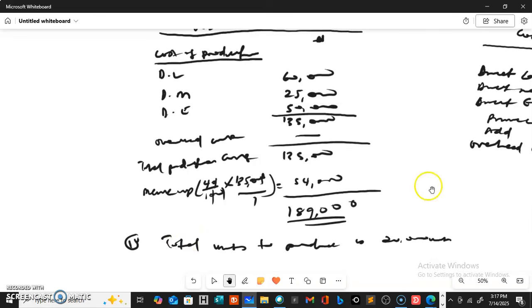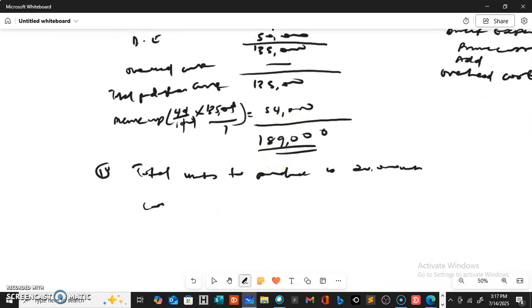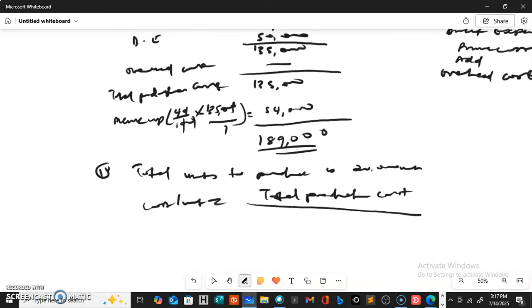So let me drag that up. So cost per unit is total production cost divided by total number of units, which equals 135,000 naira.